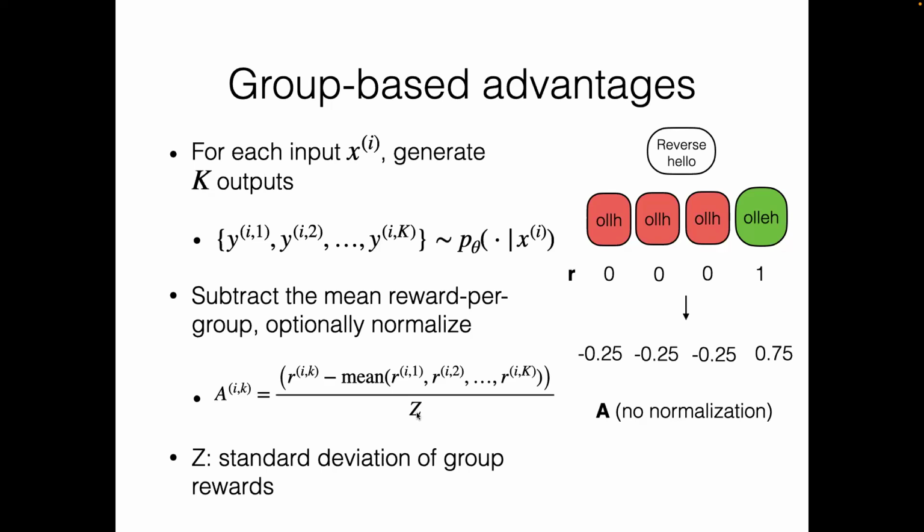These are really recent papers that I'm mentioning, but you might see this come up if you start reading recent papers about these RL algorithms for LLMs. But anyways, broadly speaking, we are using this group of outputs and then computing these relative rewards or relative advantages.